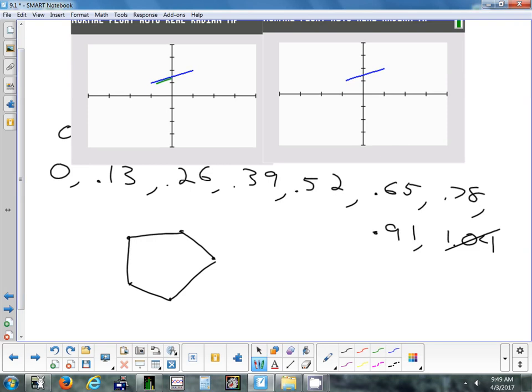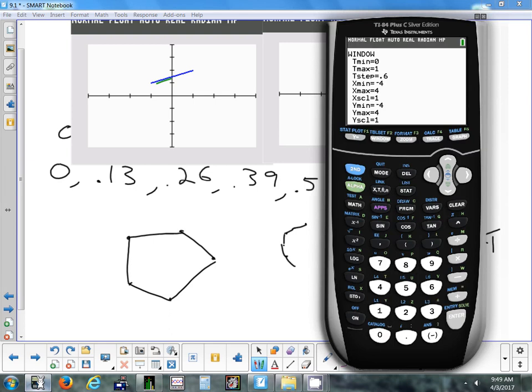So if that's all you did was 5 points, that's what your circle would look like. If you want a higher level of detail, you're going to have to put in more points, and then the calculator will connect each point to the next using a line segment, but overall, it'll start to look more curved. Okay, so that's what t-step does.